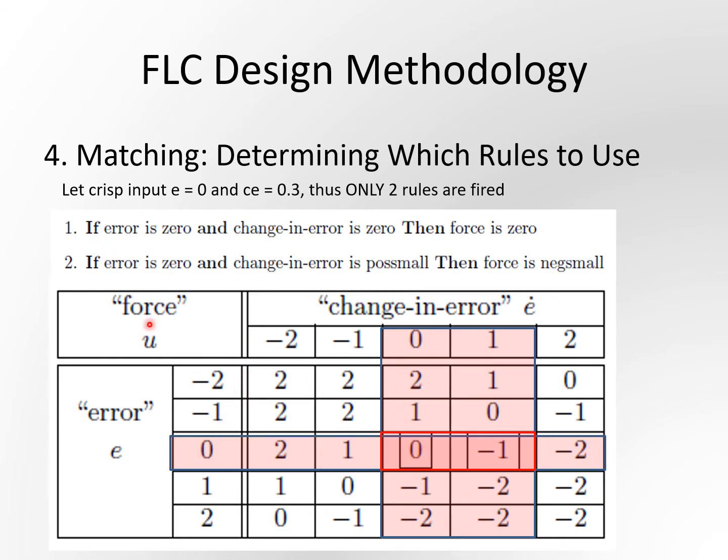Another rule, if error is 0 and change in error is positive small, then the force is negative small. Another rule is being fired. So these are the rules that we have fired based on the input that comes in, in terms of the linguistic variables that we have chosen and the rules that we have given.